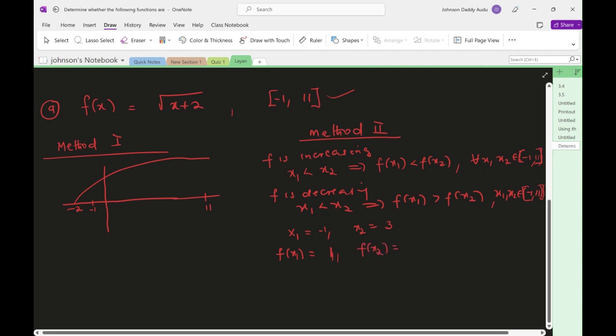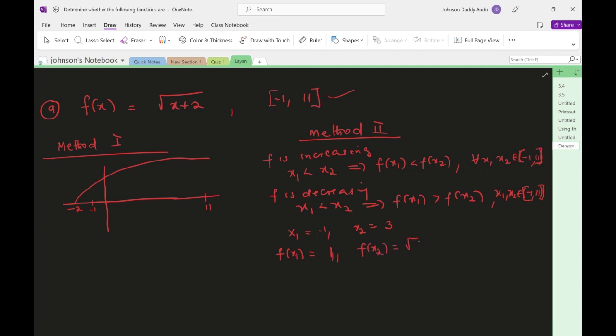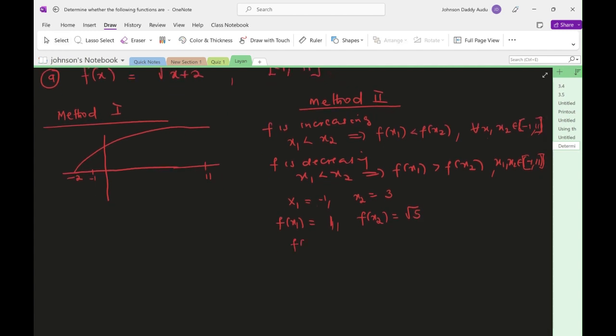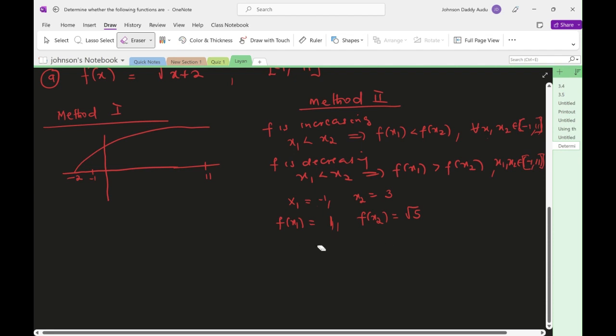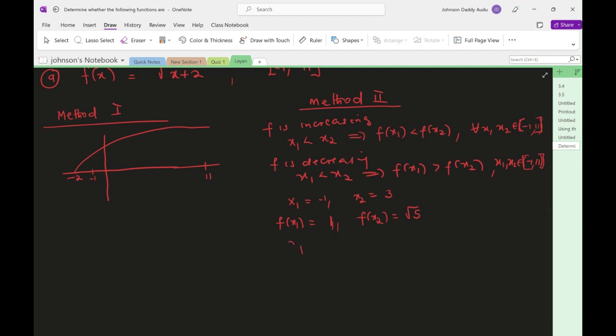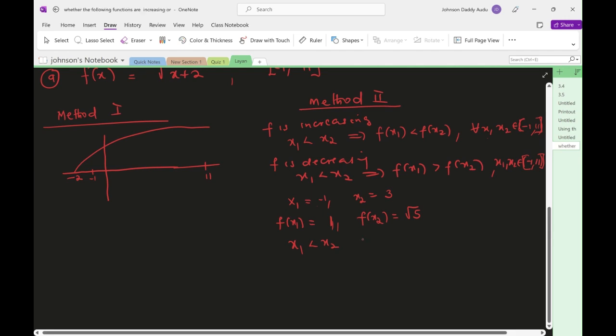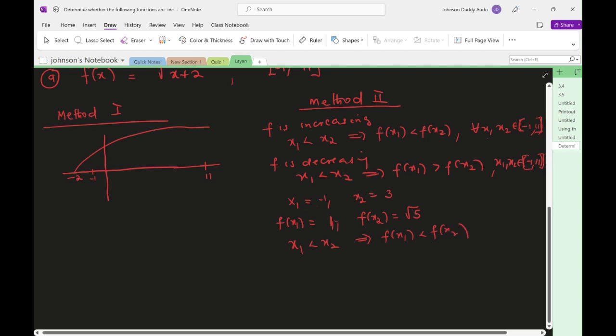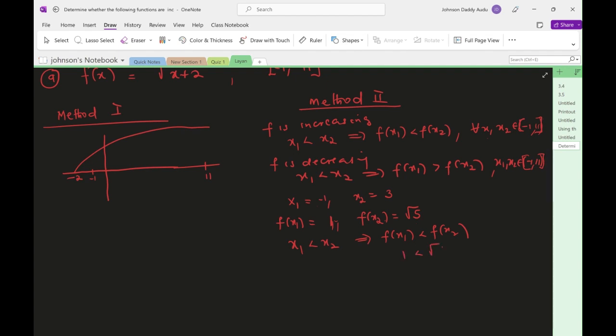And f of x2, you put 3 here, you have root of 5. So clearly f of x1 is less than f of x2. We know x1 is less than x2, and we also got that f of x1 is less than f of x2, because 1 is less than root of 5.